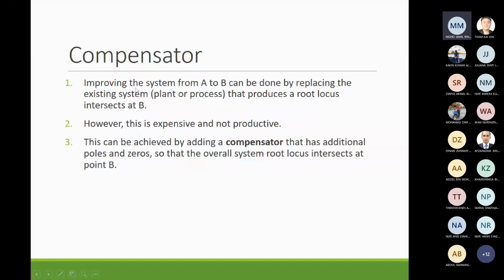To improve the system from point A to point B, we could replace the existing system, or remove the existing root locus and produce a new root locus. But doing this, basically we just scrap the system or change the plant or the process, which is usually very expensive or not productive.